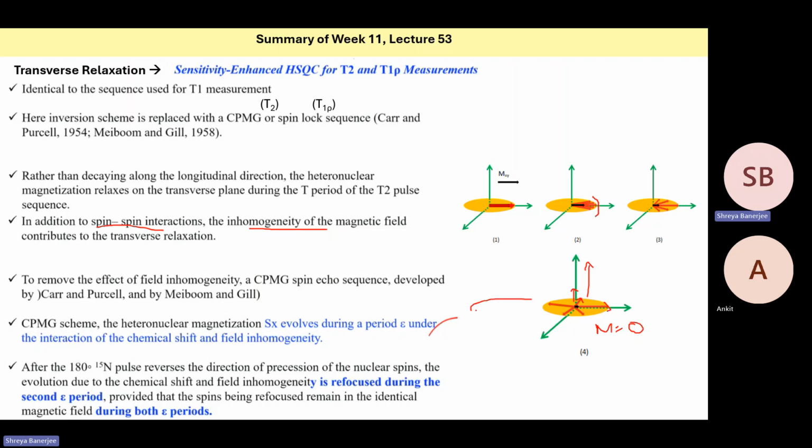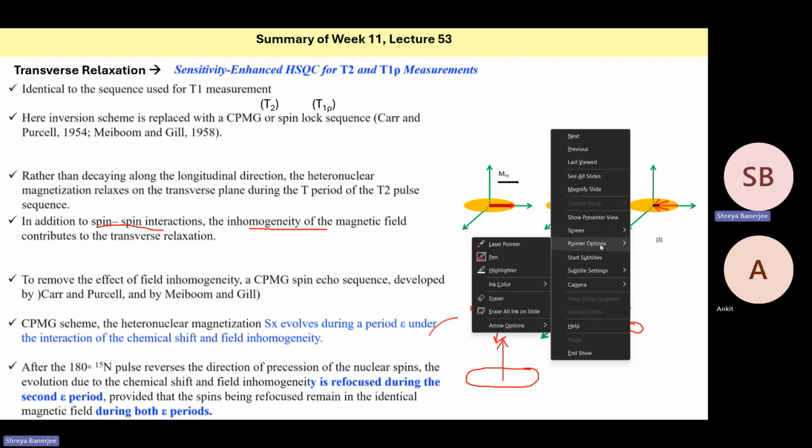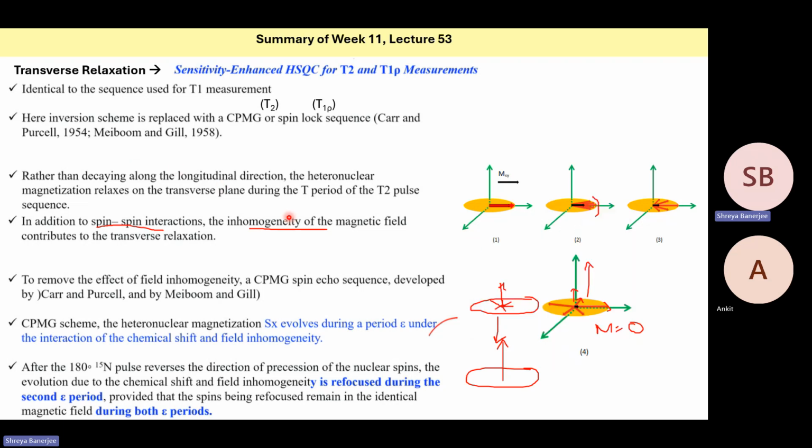So you can imagine the XY component magnetizations are very high. They will all slowly reduce. As the XY component is reducing, the Z component is increasing. Eventually, the XY component will become 0 and the magnetization will fully be restored along the Z direction. So this is your transverse relaxation process.